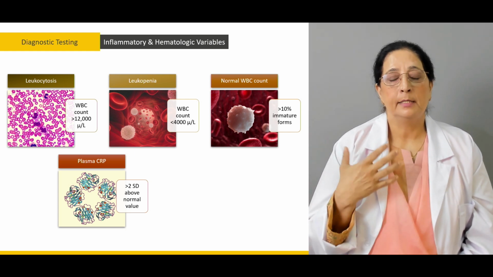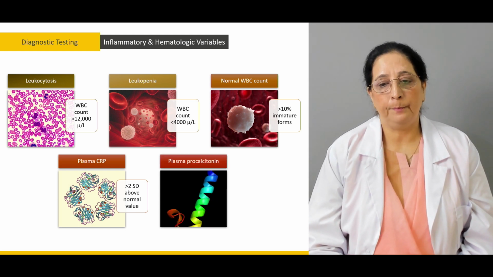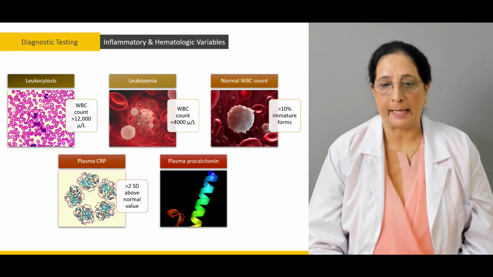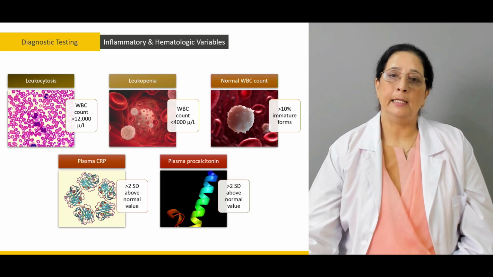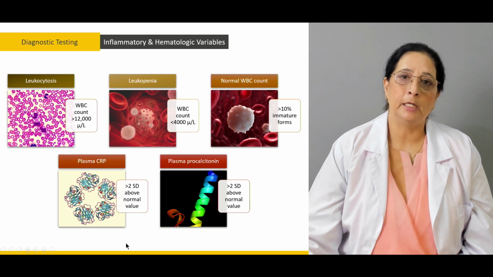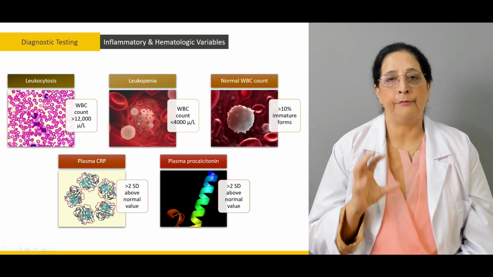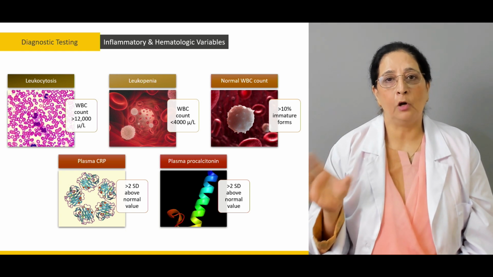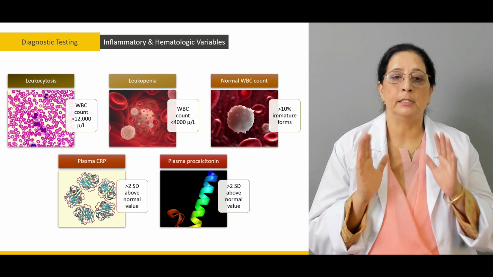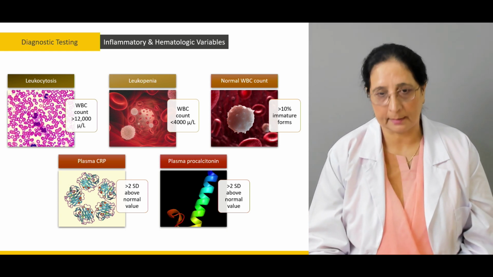And then we have plasma procalcitonin, and again this is more than 2 standard deviations above the normal value. So these are some inflammatory and hematologic variables in the diagnostic testing of sepsis.